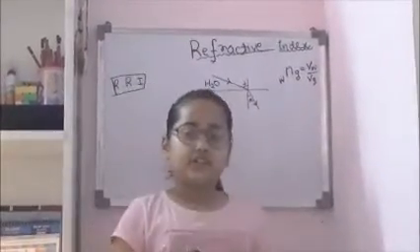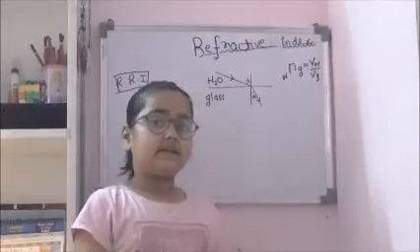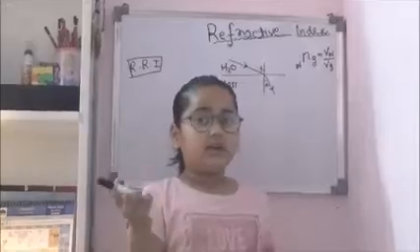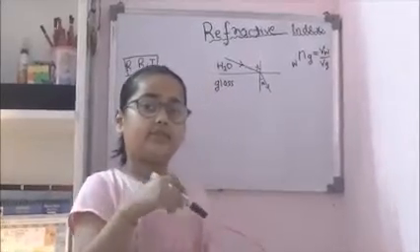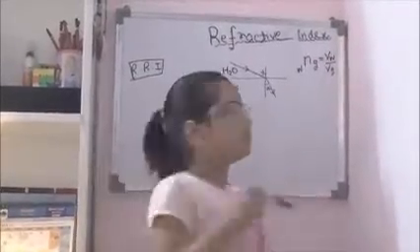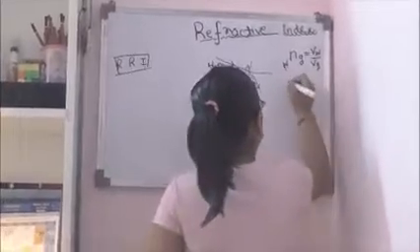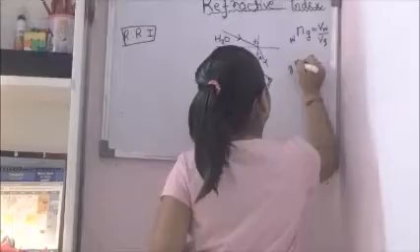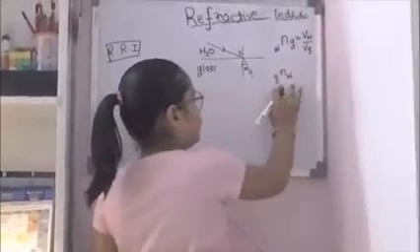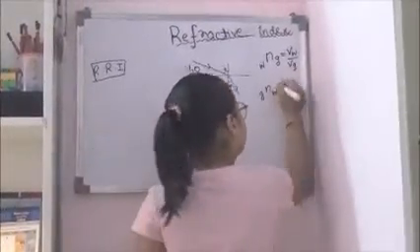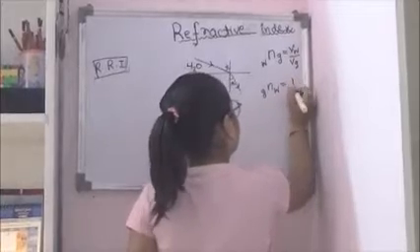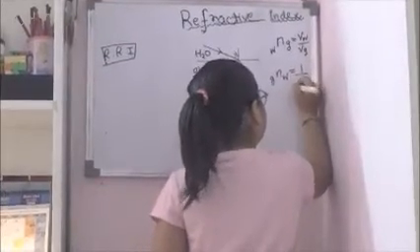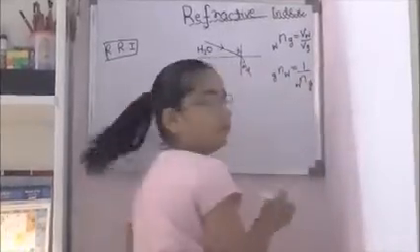Now, another relationship between the refractive index of a light ray traveling from glass to water and the refractive index of a light ray traveling from water to glass. Now, n_GW, this is the refractive index of a light ray traveling from glass to water, is equal to the reciprocal of the refractive index of a light ray traveling from water to glass.